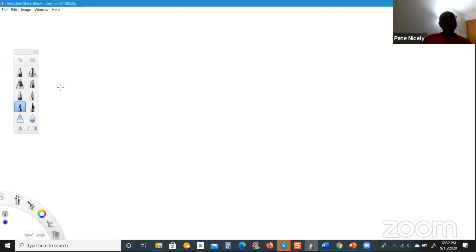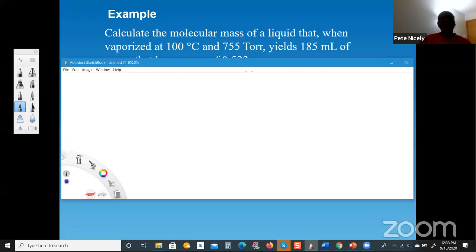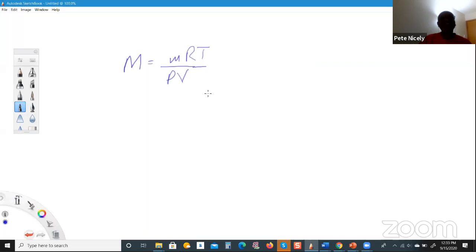Okay, so the equation we're going to use again is uppercase M is equal to lowercase m times RT over PV, all right? So the question now becomes, what do we put into these terms? The first thing I see is that the mass is 0.523 grams.